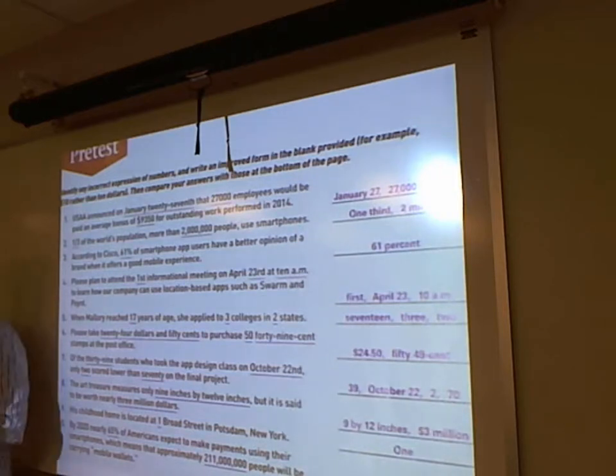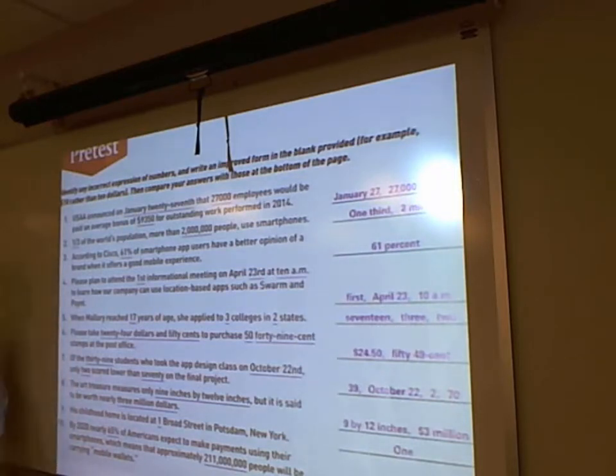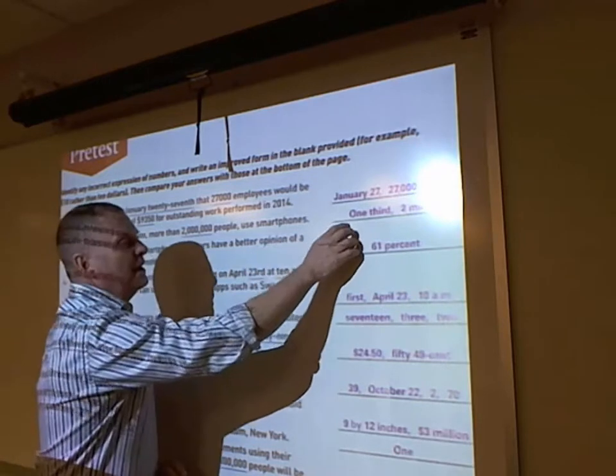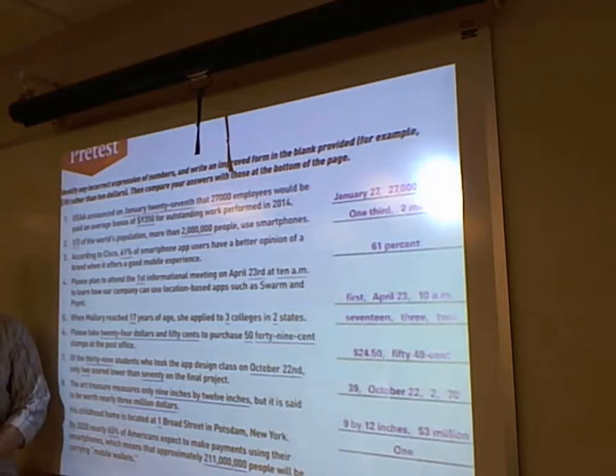Another thing about fractions: when you convert it to a word, and in this case it's one-third, if it's used as a noun, then it does not have a hyphen. If it's used as an adjective, then you hyphenate it. So this one does not have a hyphen, so it's one third of the world's population, more than 2 million people.